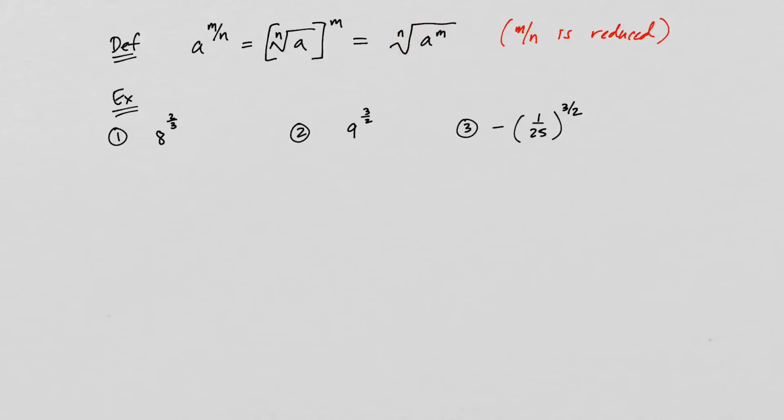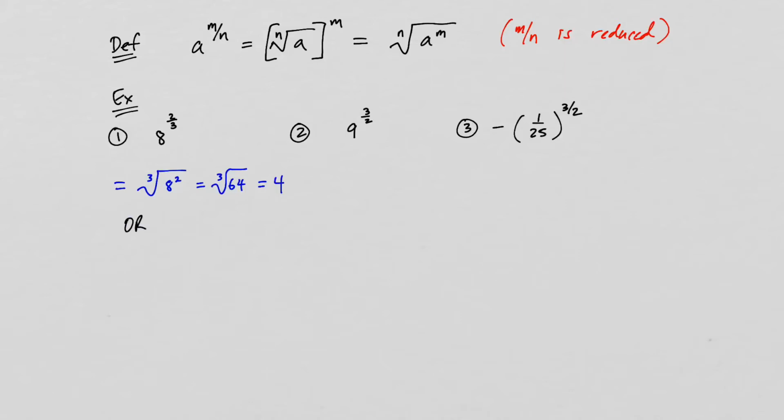So, for example, I'll show you both methods. Take something like 8 to the 2/3 power. If I use the second definition, this would be the cube root of 8 squared. We know that 8 squared is 64, and so this is the cube root of 64, and the cube root of 64 is 4.